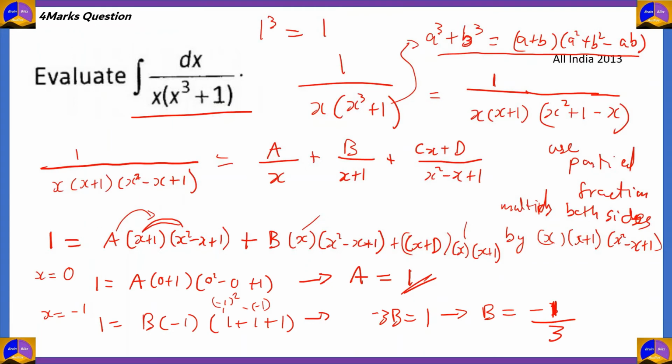How do you get a value for d? Remember that x times x plus 1 is x squared plus x, and that x squared plus x has to be multiplied with cx plus d. So if you multiply d with x squared plus x, you'll get dx squared plus dx. And even cx will also have a term cx squared.